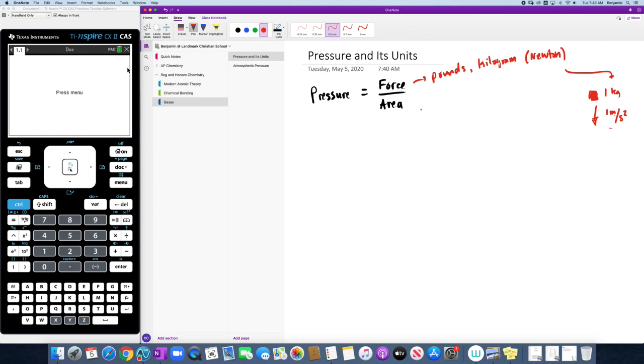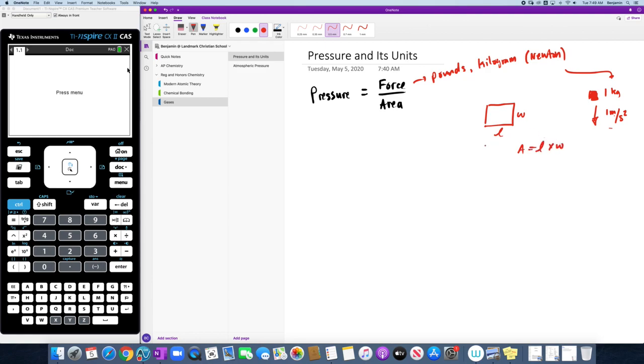Okay, now area, you're familiar with that from math class. So area is something like square feet or square inches, where you have length and width. Area is length times width, right?